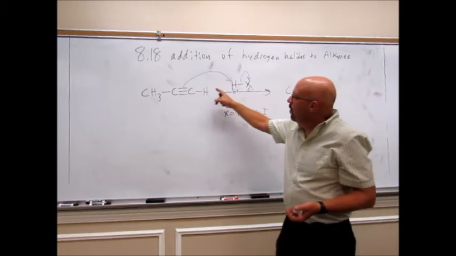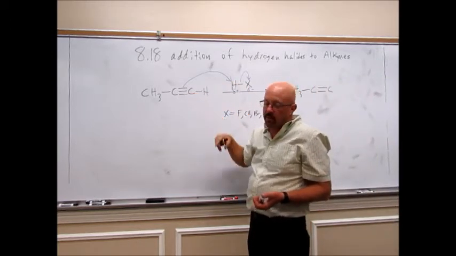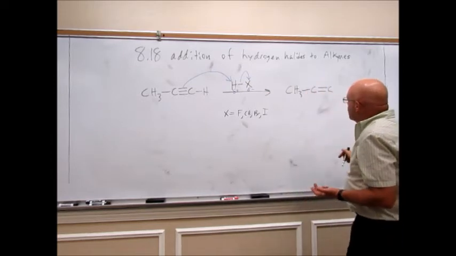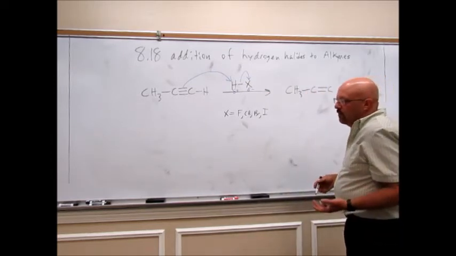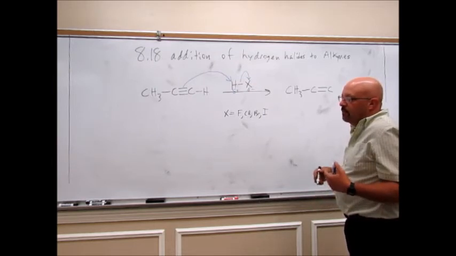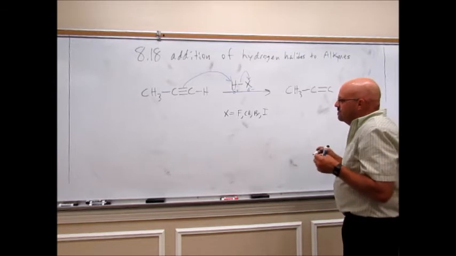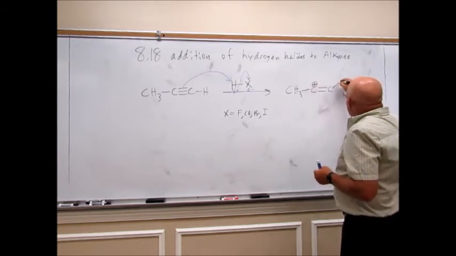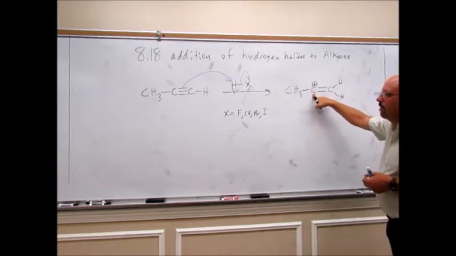As far as which one gets the hydrogen and which one is going to get the halide, the hydrogen will go to the one with the most hydrogens already on it, because you're trying to get the most stable alkene. We want the more substituted carbocation. You want a stable carbocation. And so we want it on the more substituted carbon.